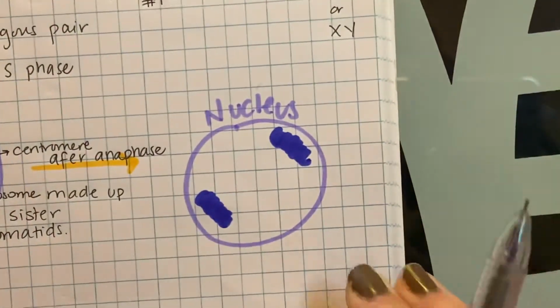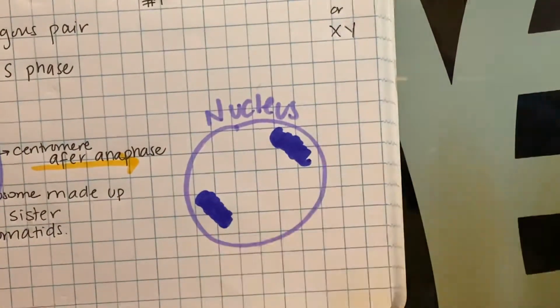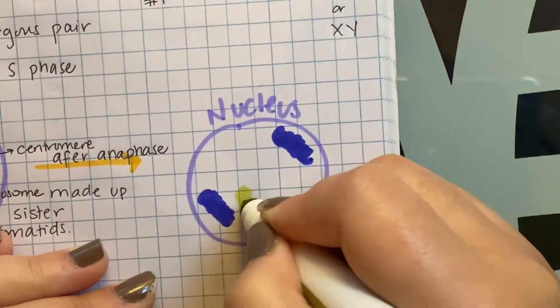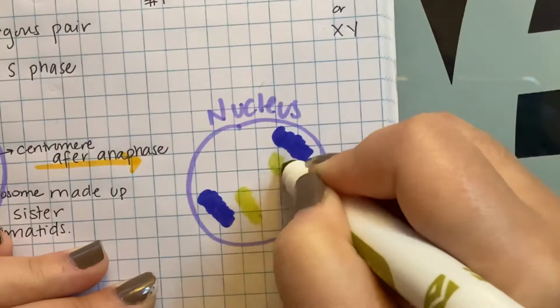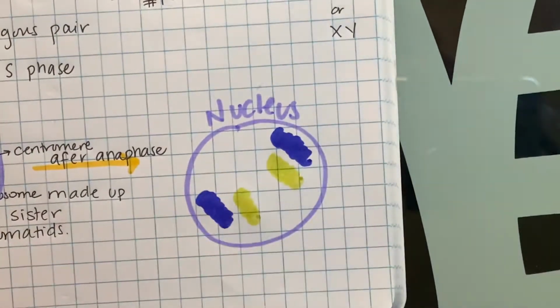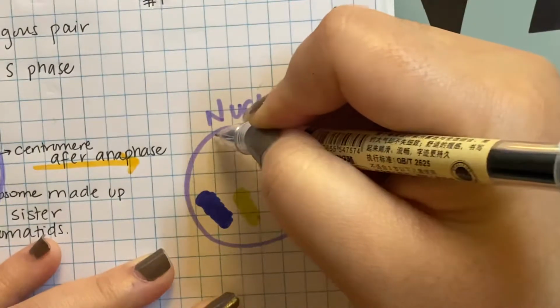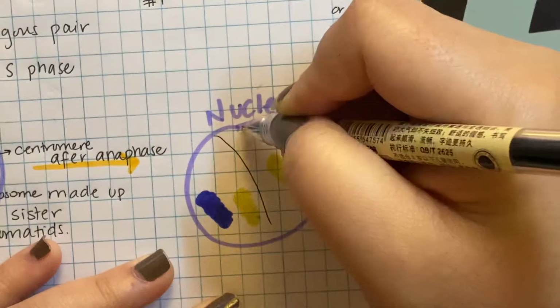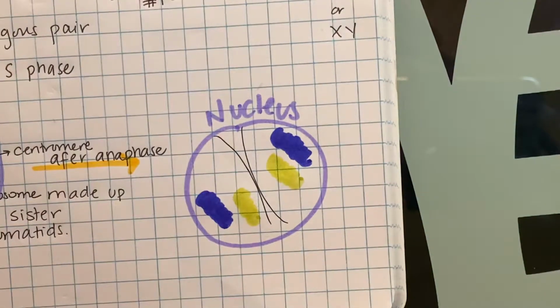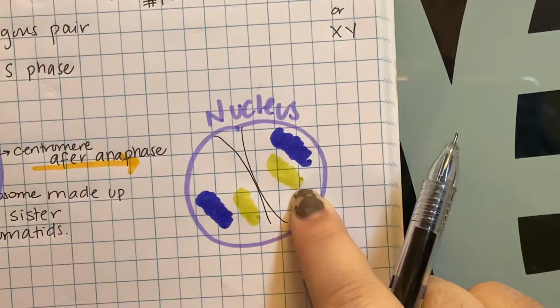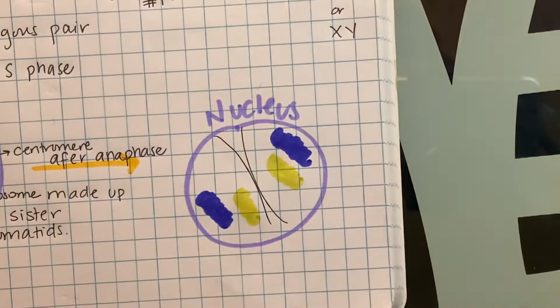Once they get pulled apart and they're separate from each other, they're now called chromosomes. And then the one that came from your father will be separated as well. And then eventually after telophase, the nucleus will reform and then you'll have separate cells. So one cell will have the original 2, the other cell will have the other 2.